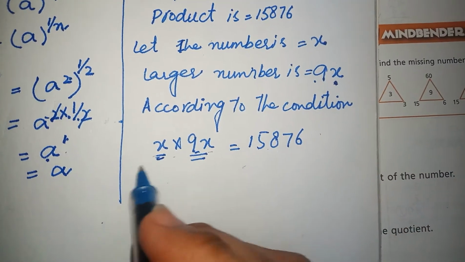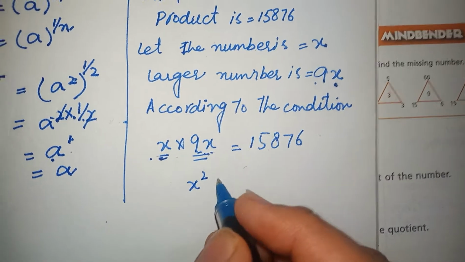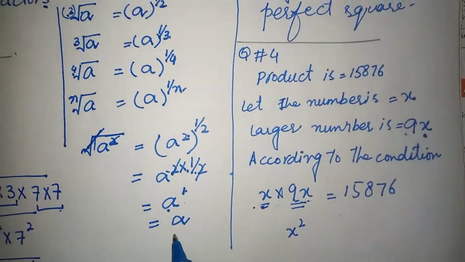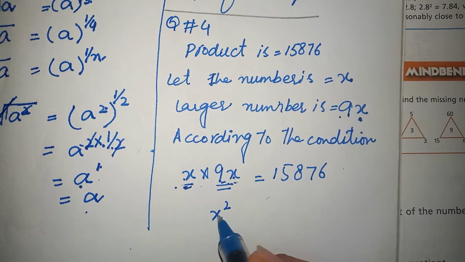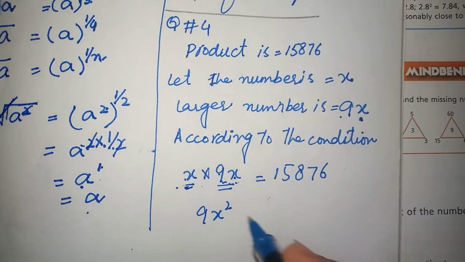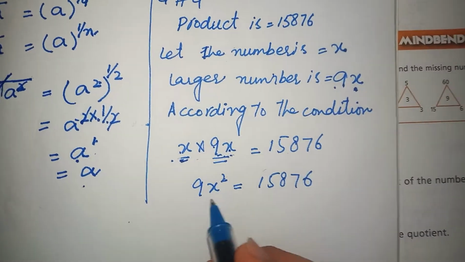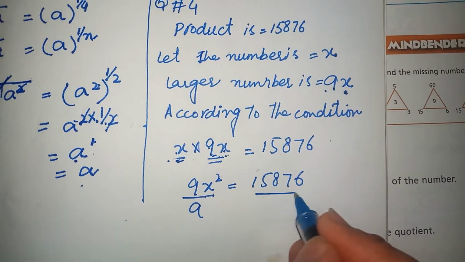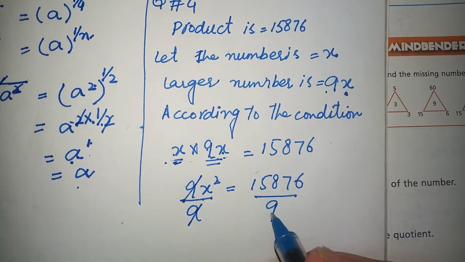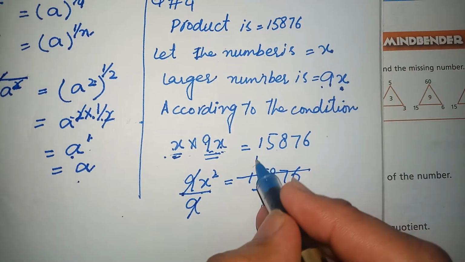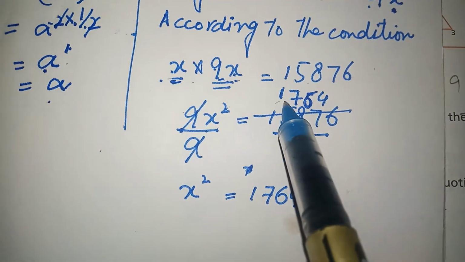We will multiply x by x, it will become x square, as a multiplied by a makes a square. So x square times 9 is 15876. To make it only x square, we will divide by 9 on both sides. This 9 will cancel this 9, and we divide this. By dividing this, we get the answer 1764.